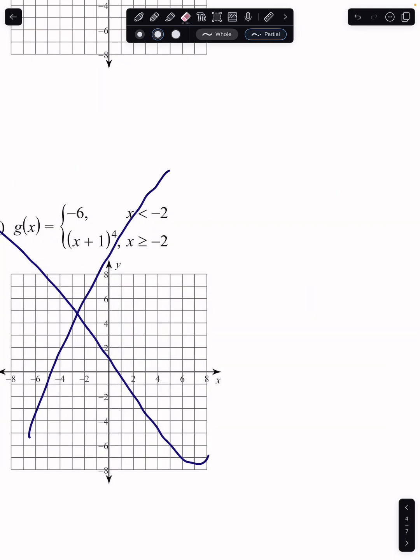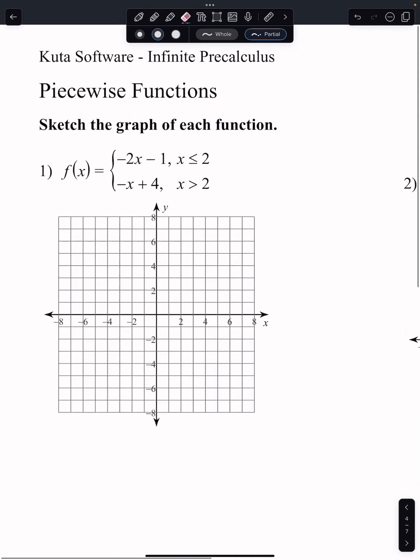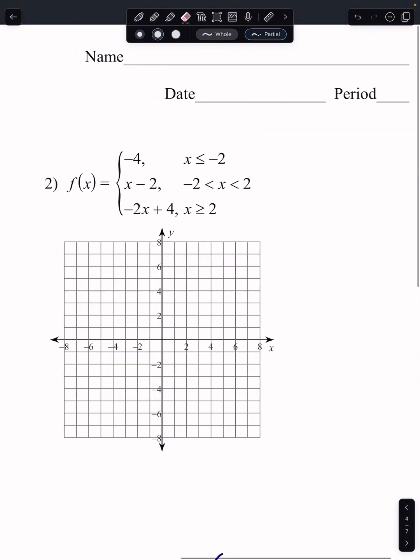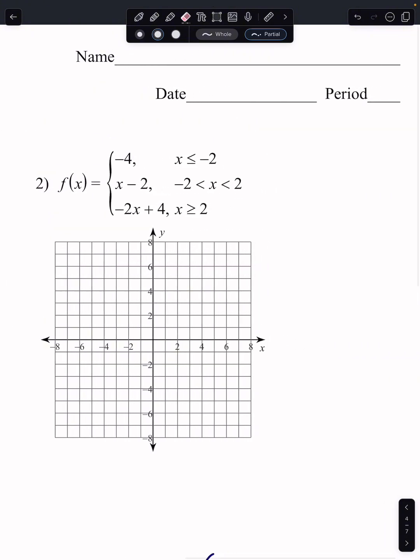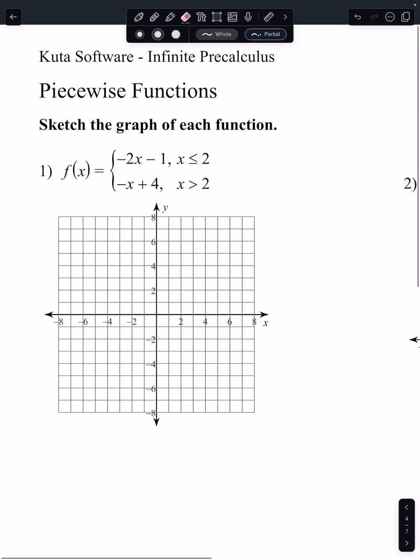All right. So our boundary line is going to be at 2, which is here. Perfectly straight line. Told you. Bam. Ooh, in your face.